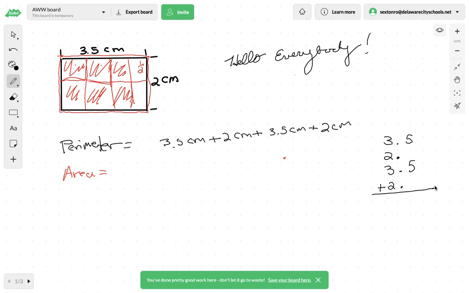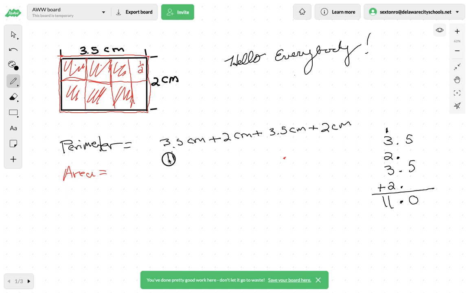I'm going to get 5/10 plus no tenths plus 5/10 plus no tenths, that's 10/10. So 5 and 5 is 10 tenths, and my decimal stays there. 3, 4, 5, 6, 7, 8, 9, 10, 11. So I get a perimeter of 11.